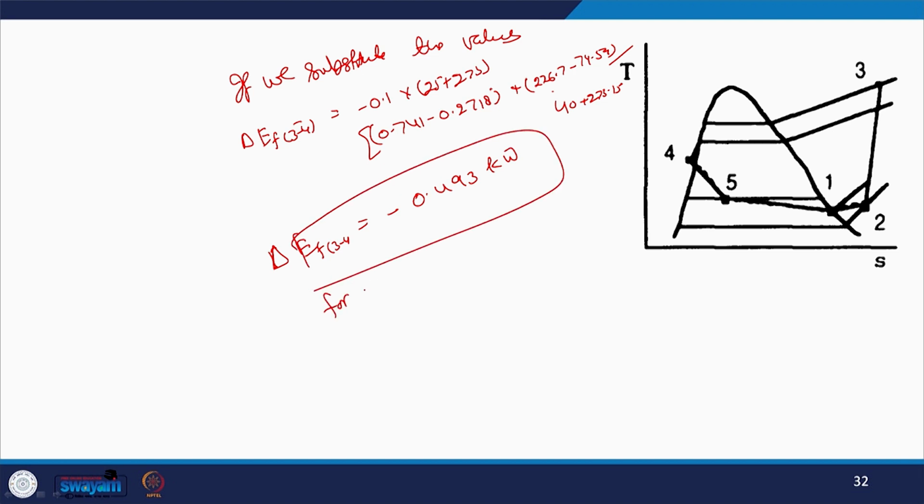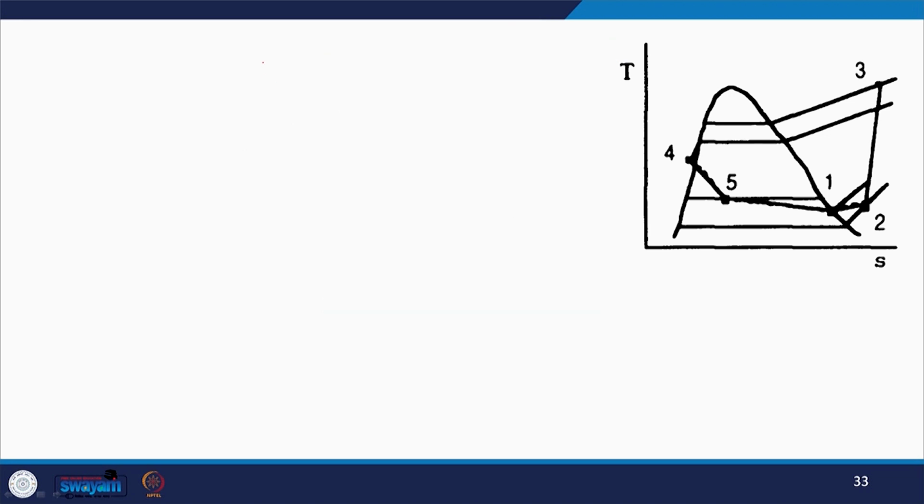Now for the flow exergy rate difference for the expansion valve, between 4 and 5. So delta EF 4 to 5 is equal to minus I 4 to 5, and that is minus m T naught (S5 minus S4), and that is equation number 4.